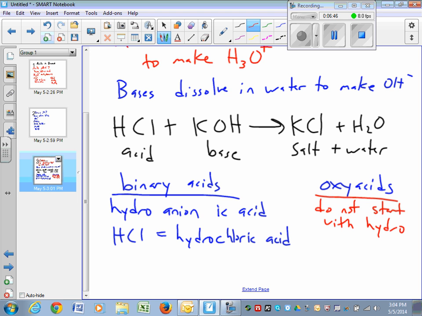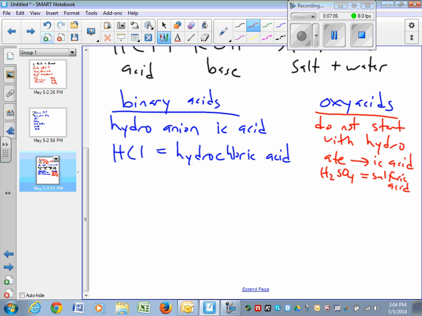So if it's an ate, like sulfate, you change the ending to "ic," sulfuric. If the polyatomic ion is an ite ion, like hypochlorite, then you change it to ous acid, O-U-S.